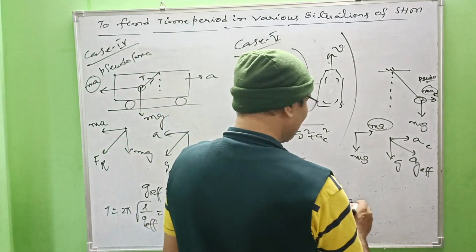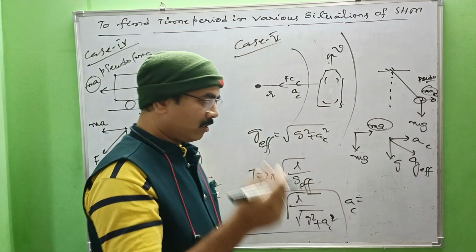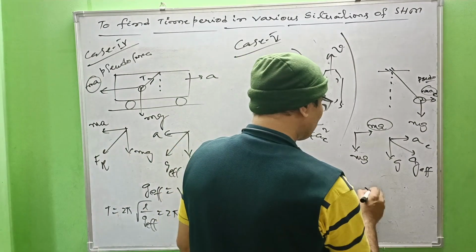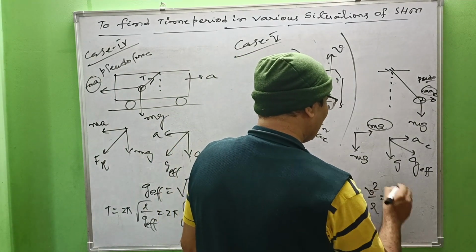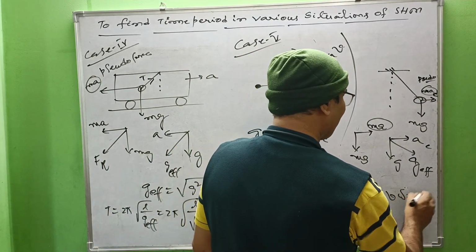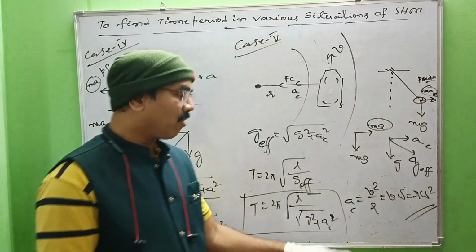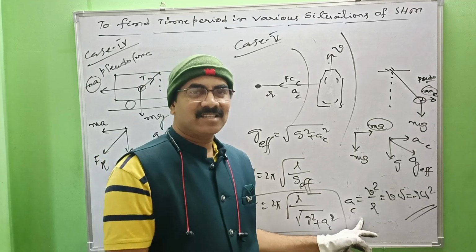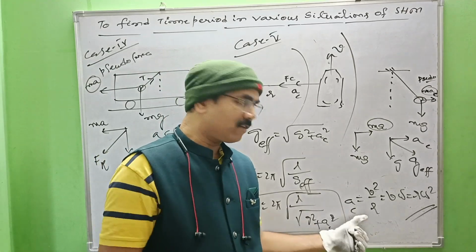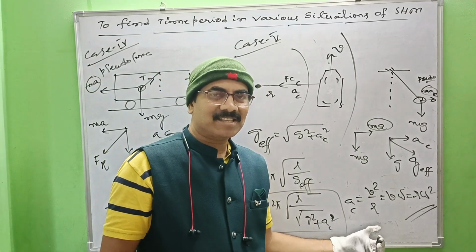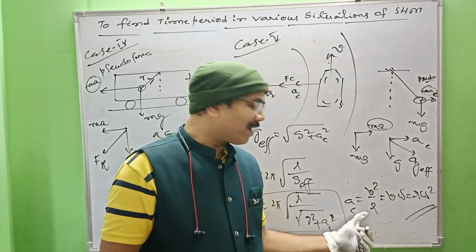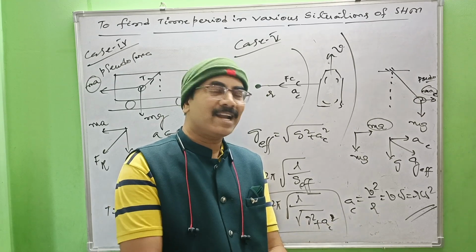Now what is AC? We have three expressions for it: either V square by R, or V omega, or R omega square. We have three expressions for the centripetal, normal or radial acceleration. So AC has three names: centripetal acceleration, normal acceleration, and radial acceleration.